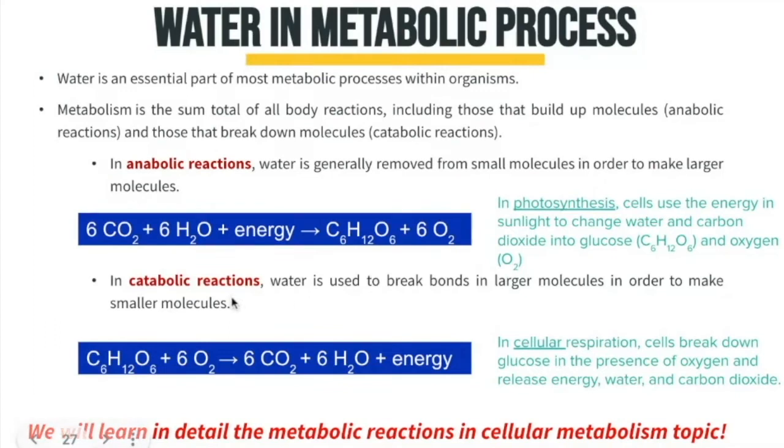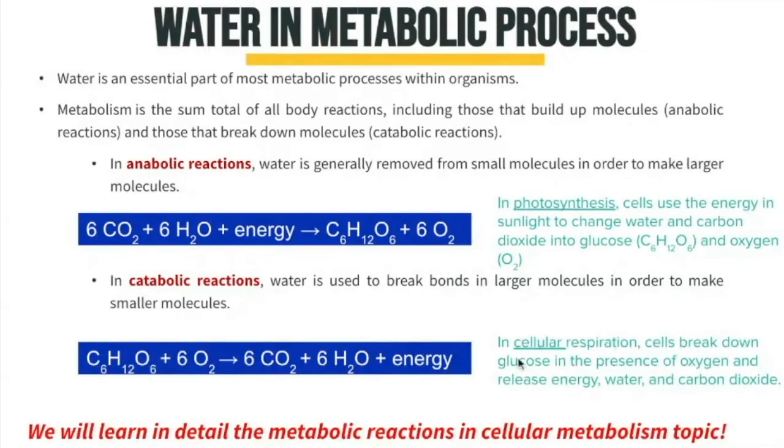So in the catabolic reaction, the breaking down process, glucose is broken down into water, carbon dioxide, and also releases energy. So that is how it goes. So it is like a cycle, from anabolic reactions, and then you need to break down, and they will perform the catabolic, something like that.